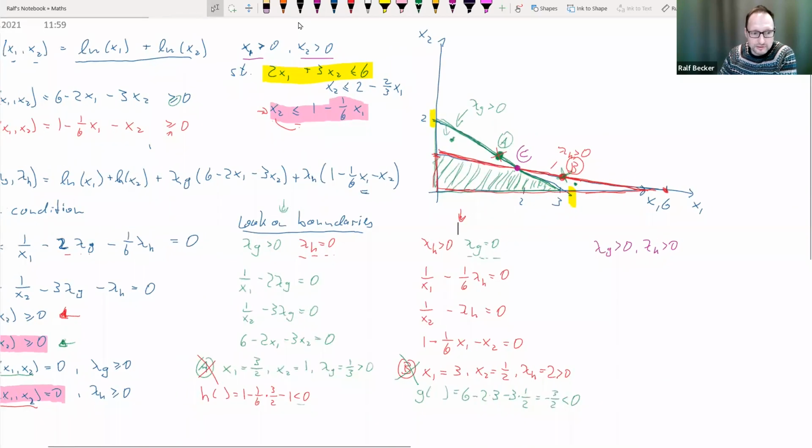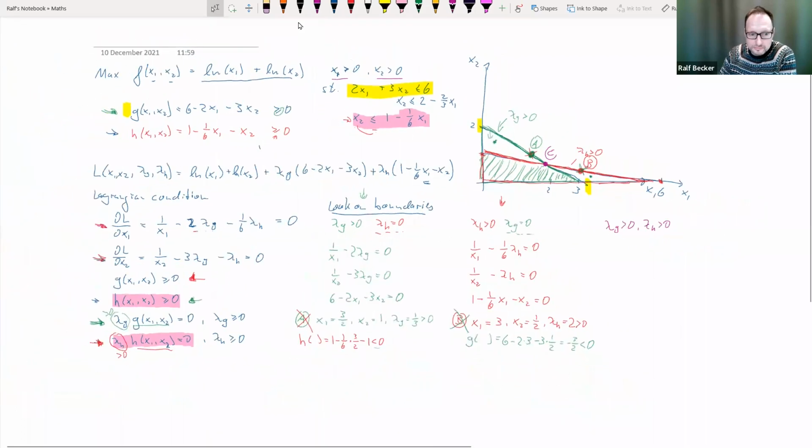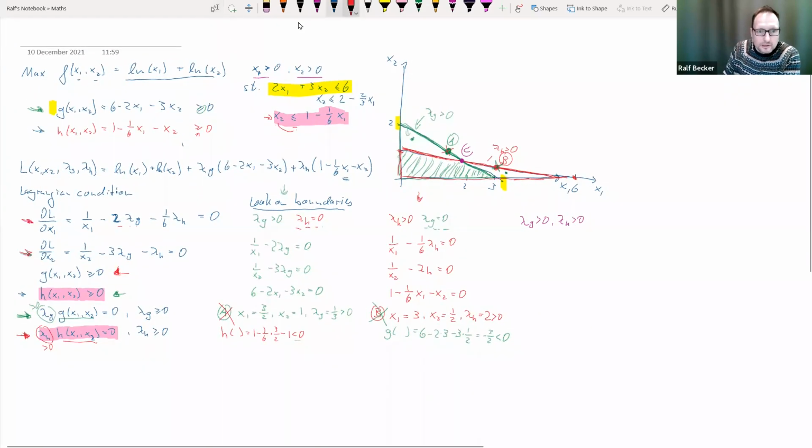Just give myself a bit more space. So how are we going to do this? We are now basically ending up with, I'll go back to our Lagrangian conditions, 1 over x1 minus 2 times lambda g minus a 6th lambda h is equal to 0.